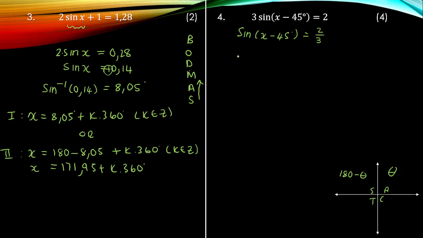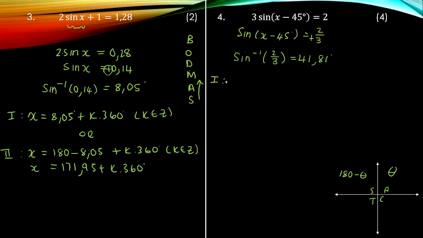So I still need to find my reference angle. And then when I go to my solutions, because I can see this is still positive, I'm still going to be in quadrant 1 and 2.